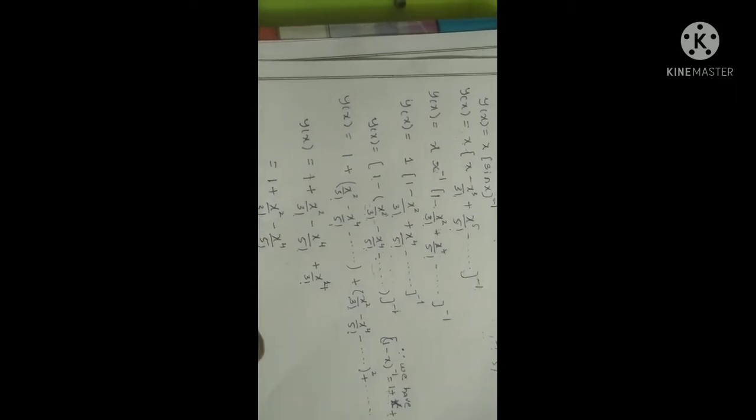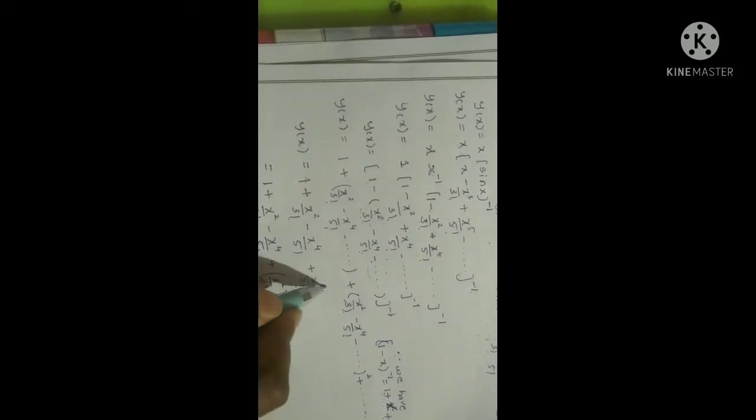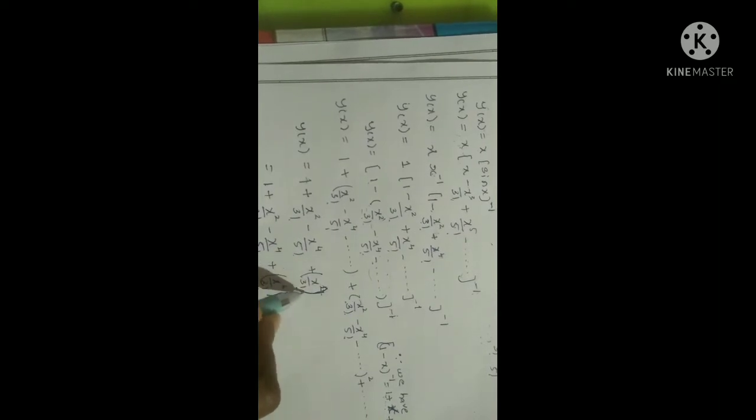So it becomes x to the power of 4 by 3 factorial and so on. So observe here, this term can be written as 1 plus x square by 3 factorial minus x to the power of 4 by 5 factorial plus x square by 3 factorial whole square.